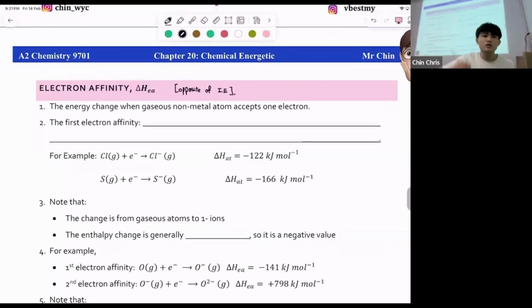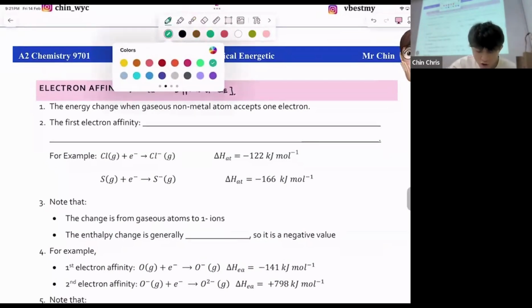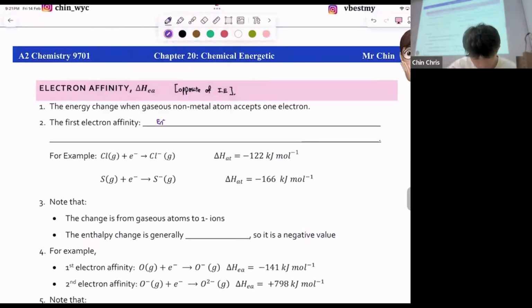The first electron affinity is the enthalpy change when 1 mole of gaseous atom receives 1 mole of electrons to form 1 mole of gaseous 1 minus ion.